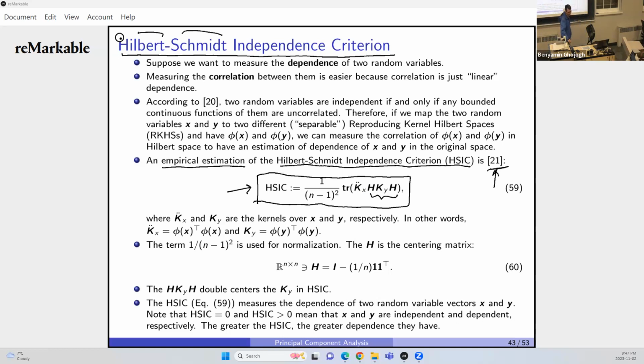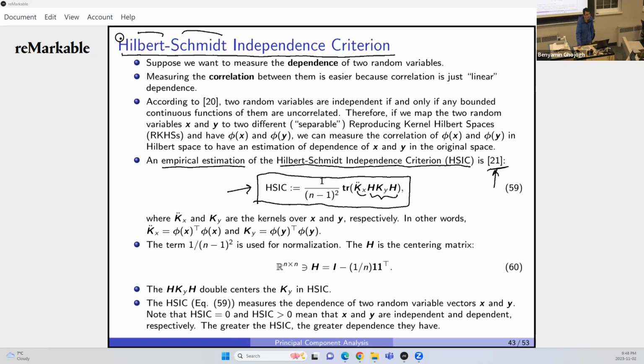This HSIC is between two random variables, for example X and Y. K_Y is the kernel matrix of the Y data. K_X is a kernel over the X data. I use a double dot on K_X because I don't want it to be confused with something else. What is HK_YH? It's the double-centered K_Y, the kernel over the Y data.